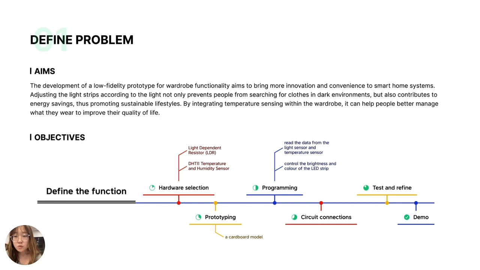I went through a comprehensive process from defining features to testing. I started by defining the desired features and functionality, moved on to prototyping, implementing hardware and software, and finally testing the performance of the model. It was a journey of innovation and increased usability.